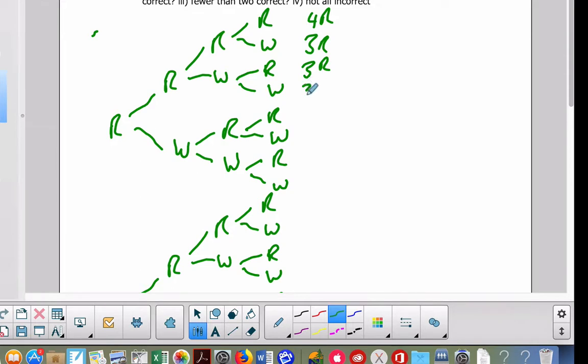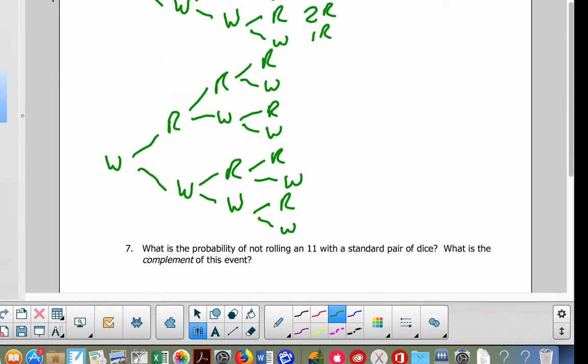Then here 2 right, 3 right, 2 right, then 2 right, and 1 right if he guesses the first one right and the next 3 wrong, and then 3 right, 2 right, 2 right, and 1 right, and 0 right.